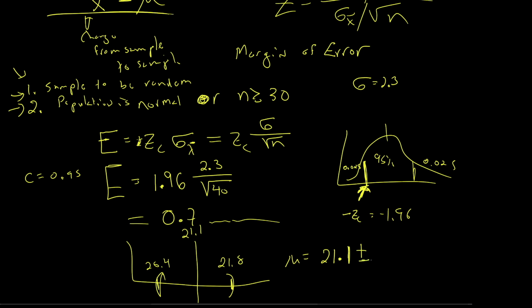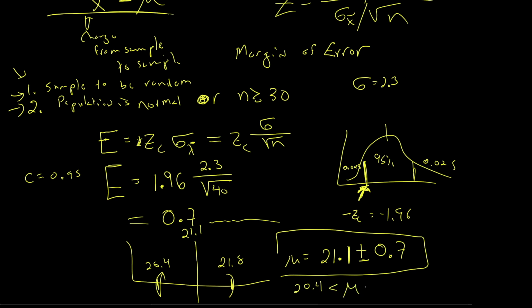Plus or minus 0.7. And this is how we kind of write it in the sciences. The book will do 20.4 less than mu less than 21.8. And it will do the addition and subtraction. In the sciences, we just say, hey, I could add that to one side, I could subtract it from the other.